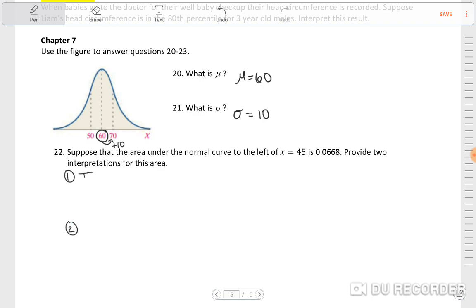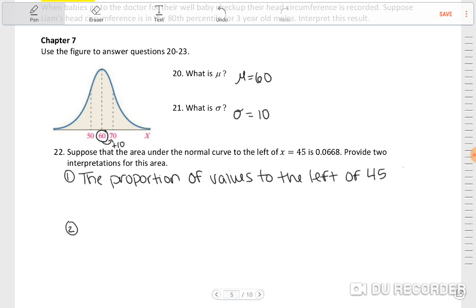We say the proportion of values to the left, or we could say less than, of 45 is 0.0668. The only thing that will change in this question for a new problem is that. Everything else is going to stay the same.